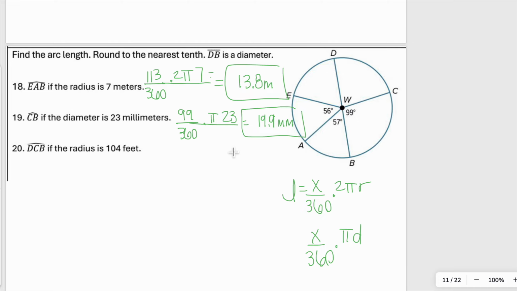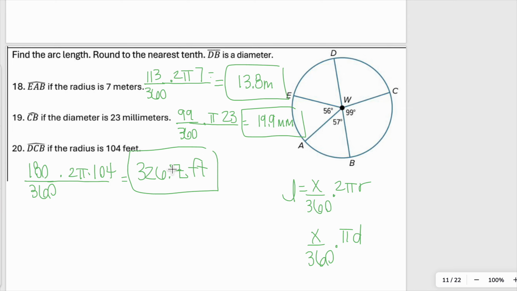Well, we were told DB is the diameter, so DCB is going to be 180 degrees out of 360 times 2 times pi times 104. And then dividing all that by 360, once I multiply straight across, I'm getting 326.7 feet.